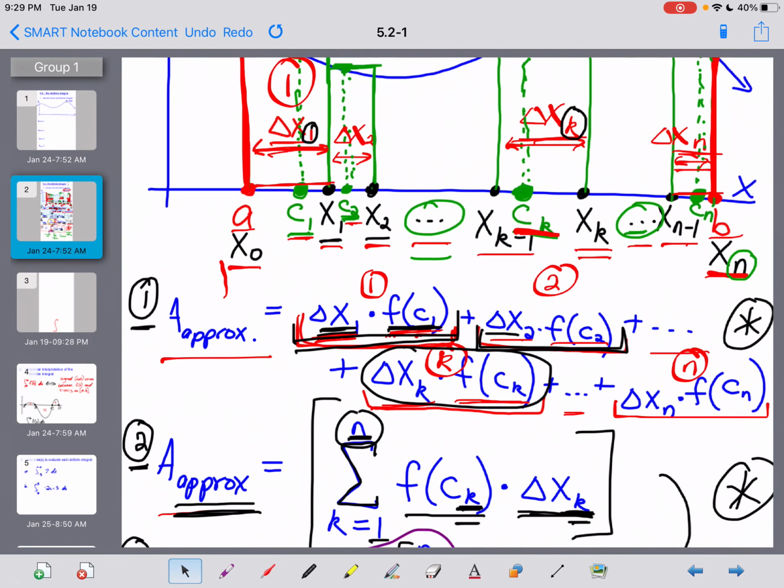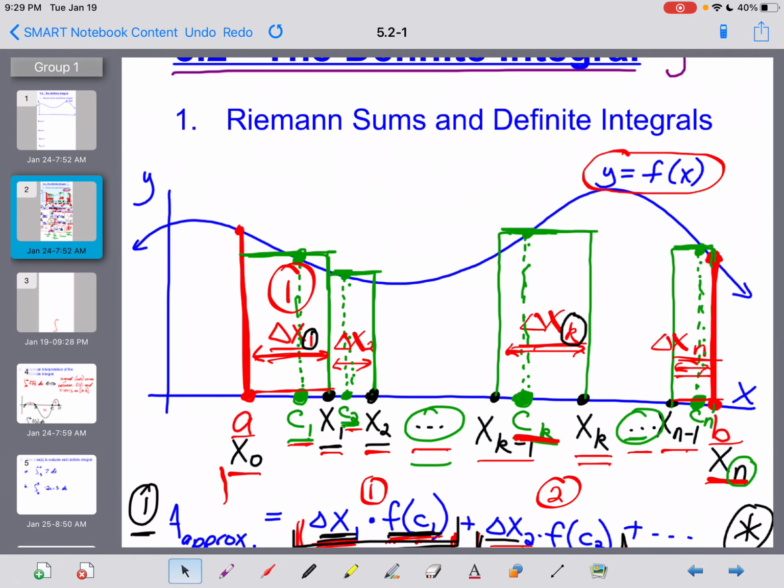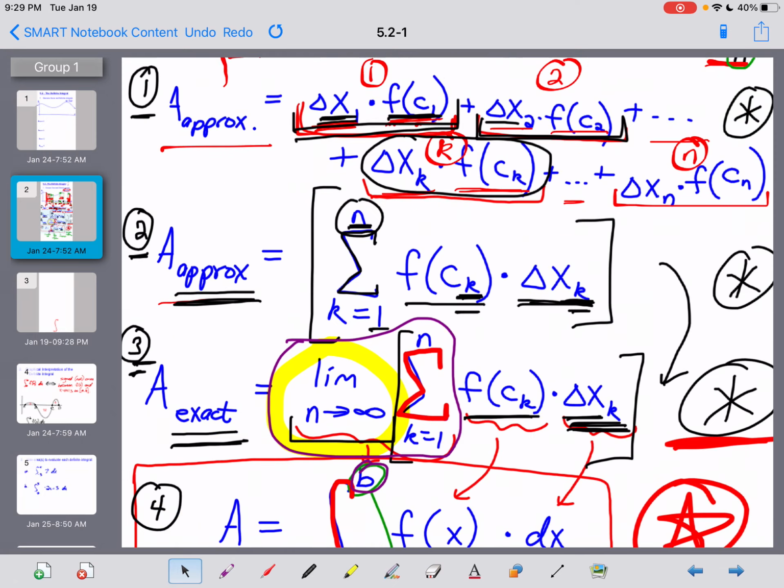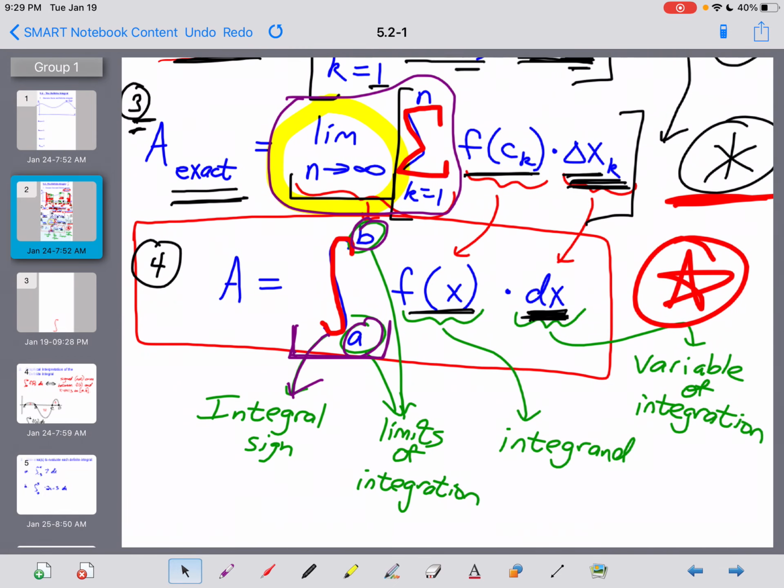The a and the b represent the left endpoint of this entire interval where we began, and b is the right endpoint of the entire interval where we ended this whole thing. So the a and the b right there are called the limits of integration. The lower limit is called a and the upper limit is called b.